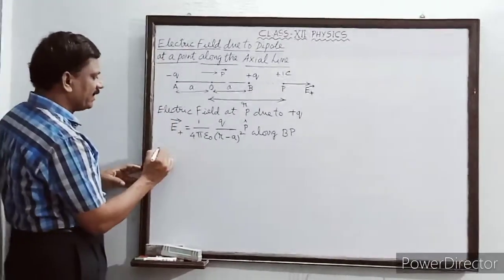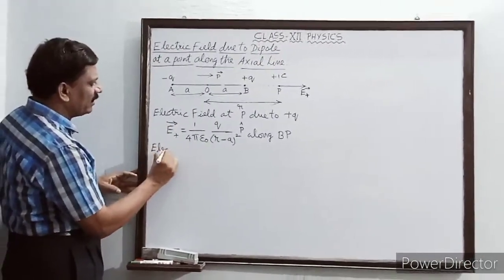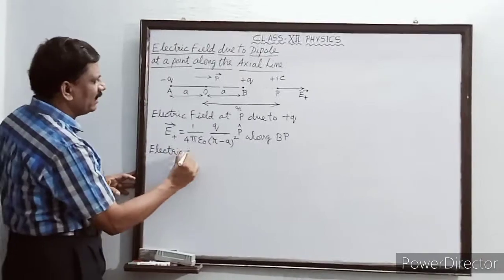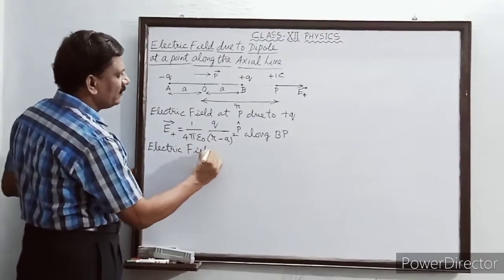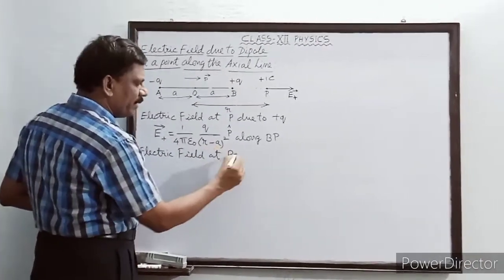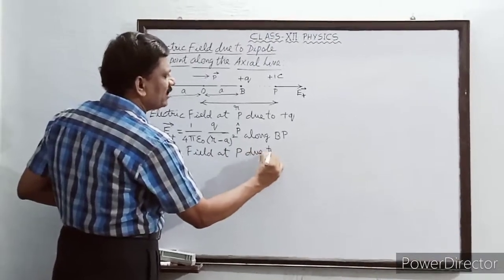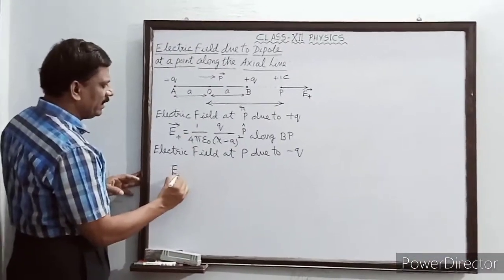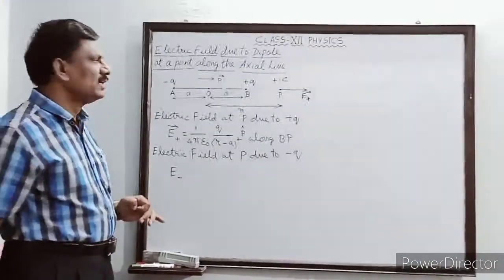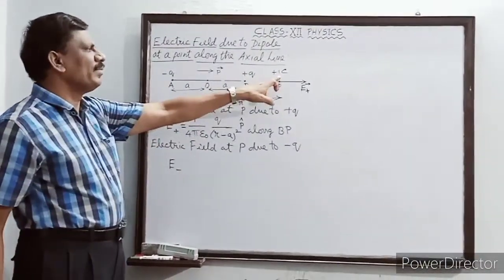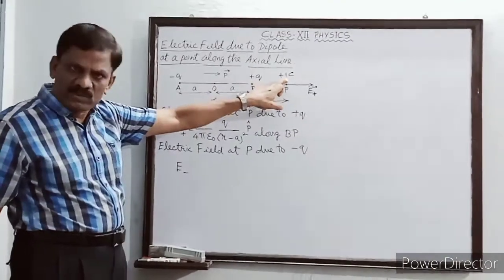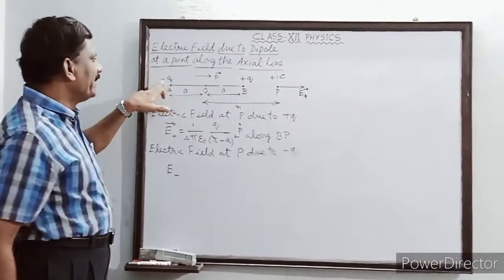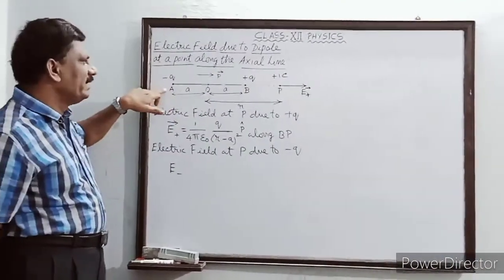Similarly, now we get an expression for the electric field at point P due to which charge now? Minus q. So this is denoted by E minus for negative charge. You see that at the point P, the charge placed is plus 1 coulomb, and minus q charge is placed at point A here.